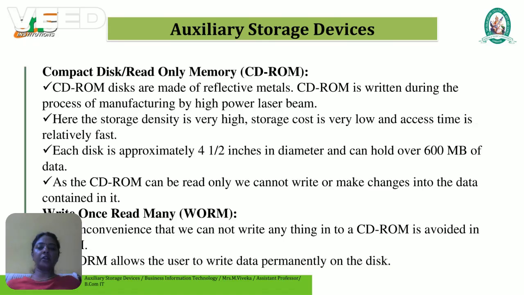It is written during the process of manufacturing with a high power laser beam. Here the storage density is very high, storage cost is very low, and access time is relatively fast. Each disk is approximately 4.5 inches in diameter and can hold over 600 MB of data. So the CD-ROM is read-only. We cannot write or make changes to the data contained in it.